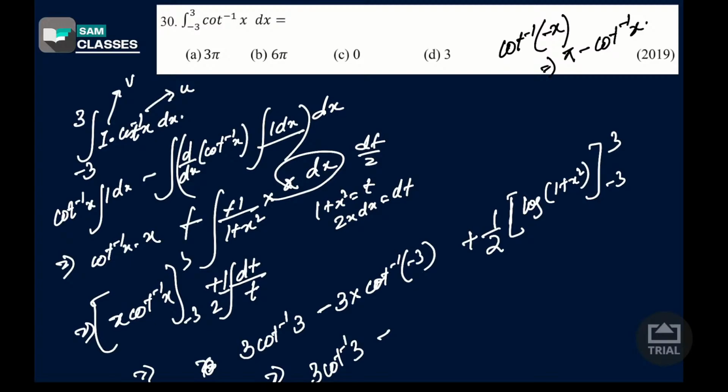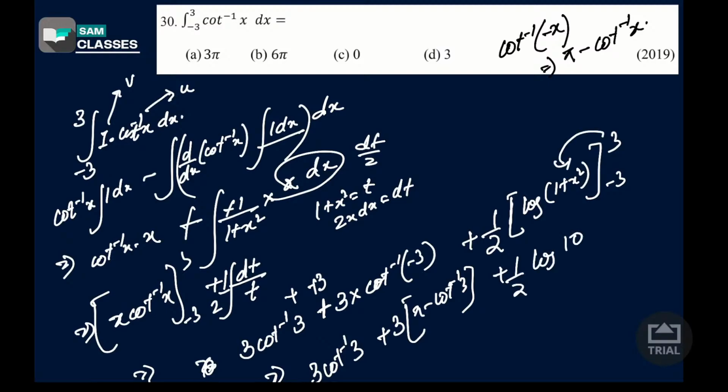Oh, we already have plus here, no? Because one minus is for minus 3 and one minus was there. So plus 3 into pi minus cot inverse 3, plus half into, if I put 3 here, I'll get log of 9 plus 1, log 10 minus log 10.